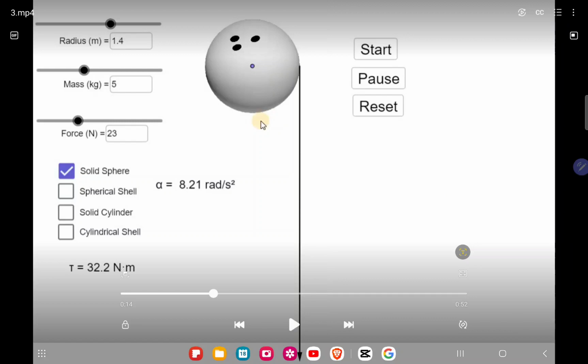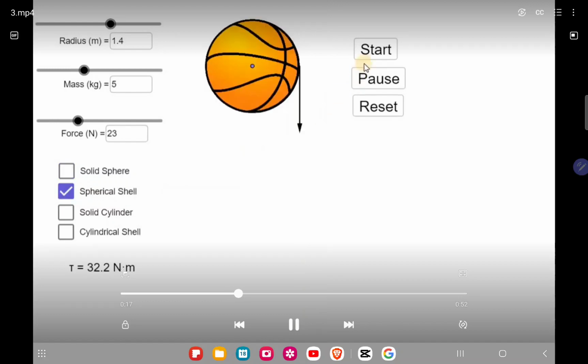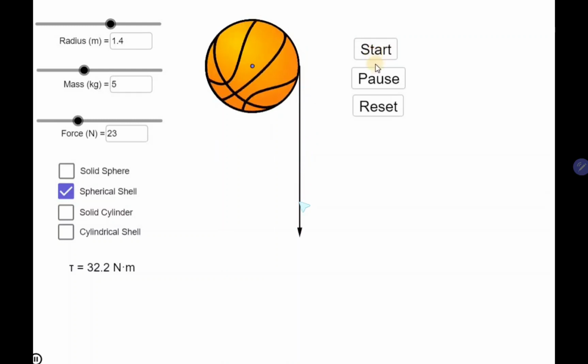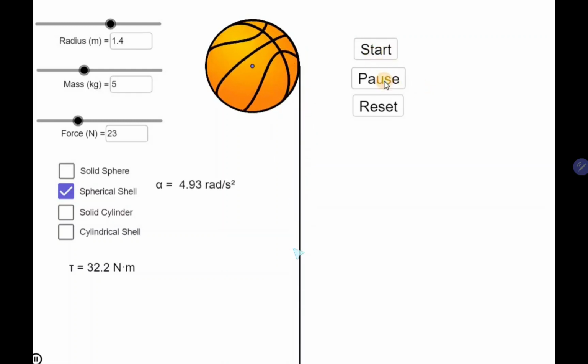Now let's change the solid sphere pulley into a spherical shell pulley and see what's going to happen. Again, same procedure as before. We apply the force on this spherical shell pulley, and we would like to calculate the angular acceleration.